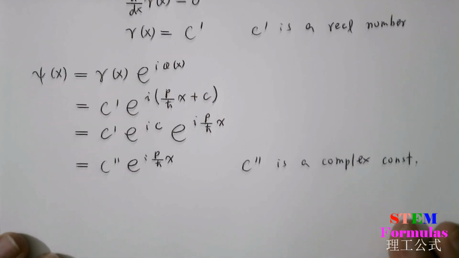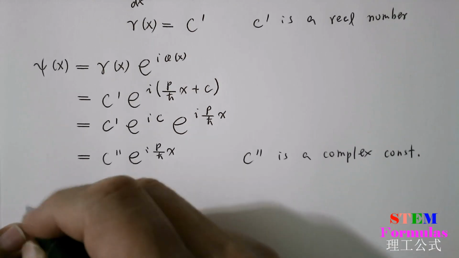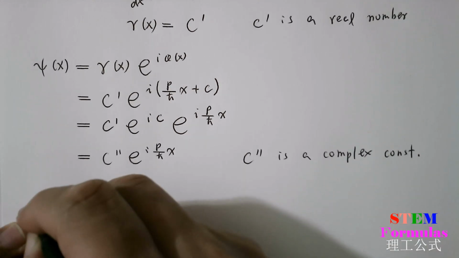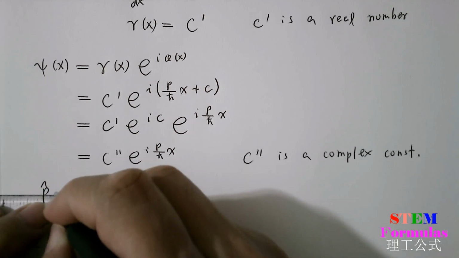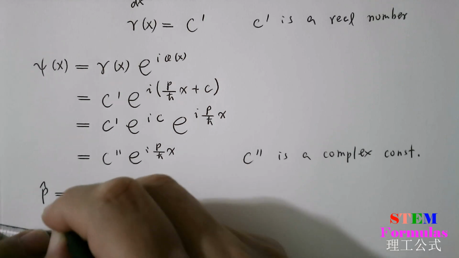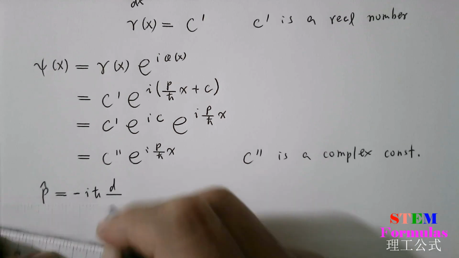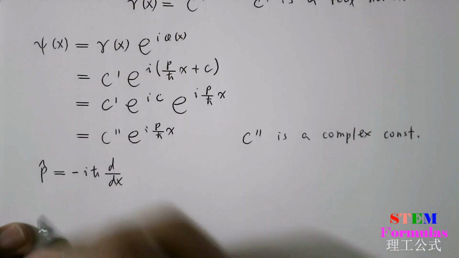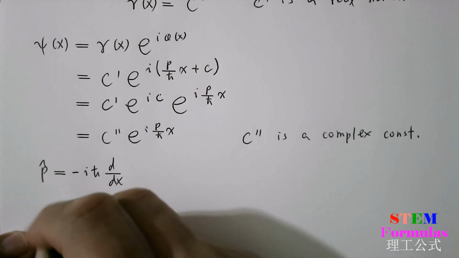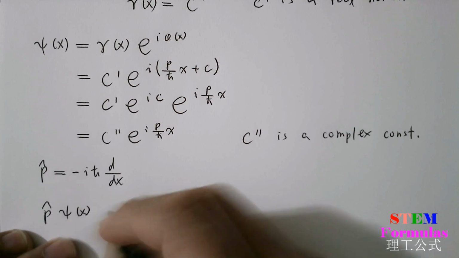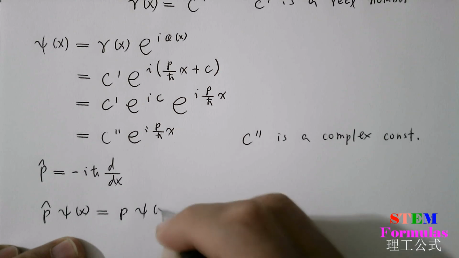Now, in summary, the momentum operator p hat is defined as minus i h bar d/dx. The eigenvalue problem for this operator is p hat psi of x equal p psi of x.